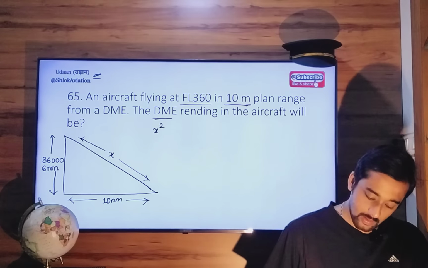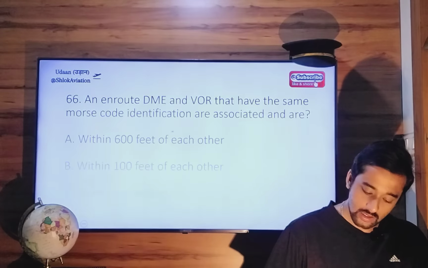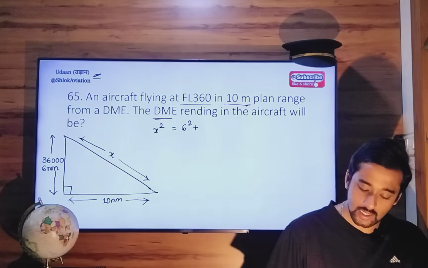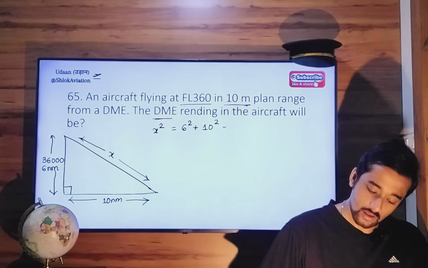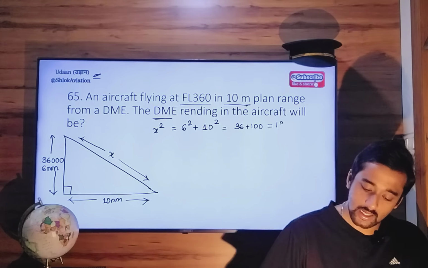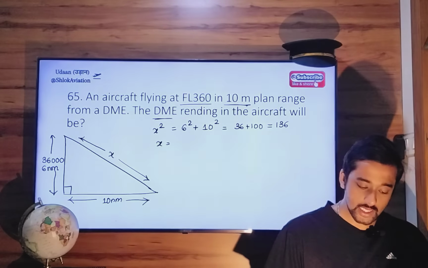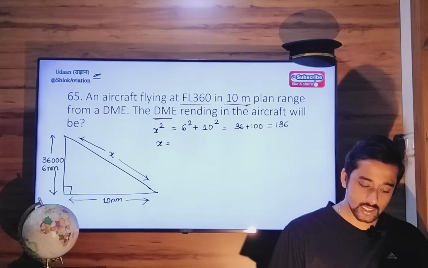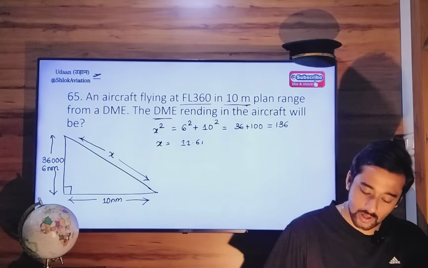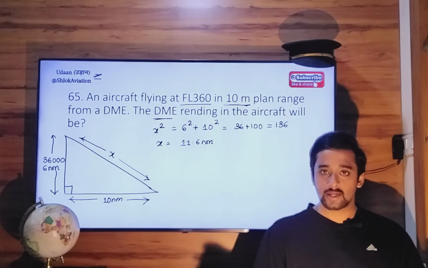So slant range will be equal to x square, 6 square plus 10 square. So 36 plus 100, that is 136. So x will be square root of 136, that is 11.6 nautical miles. So slant range is this much.